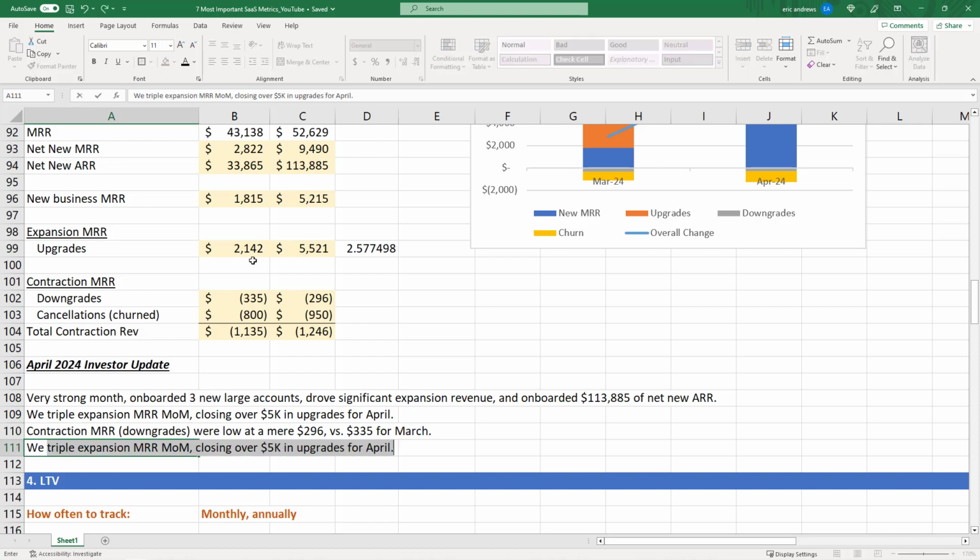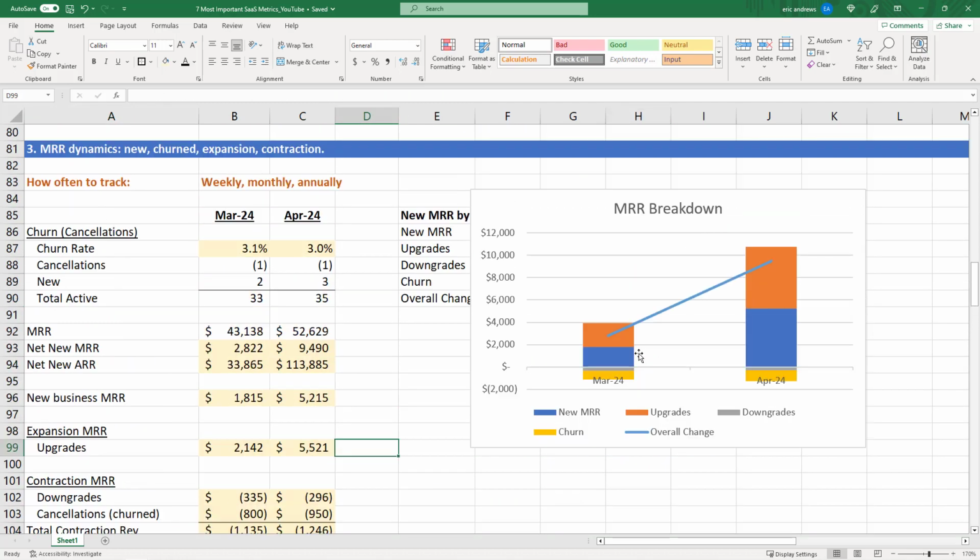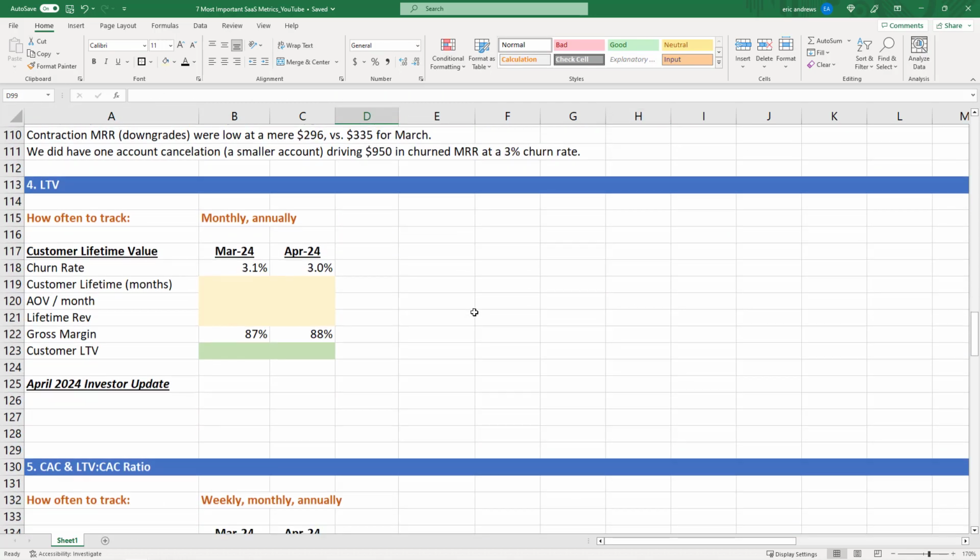And then we did have one account cancellation. It was a smaller account. You can see we only lost $950, driving $950 in churned MRR at a 3% churn rate. So that should give investors a very good sense of where we're at with MRR.